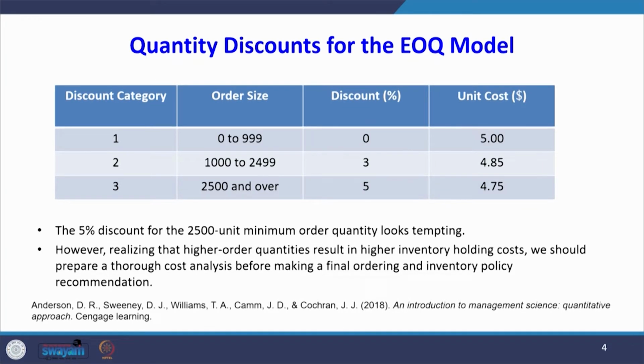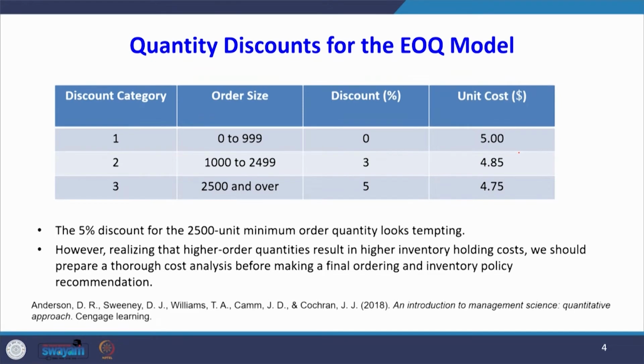If you buy a quantity between 0 and 999, there will not be any discount. When your order size goes between 1000 and 2499, there is a 3% discount on the unit cost, so it will be 5 minus 0.15, which is 4.85.